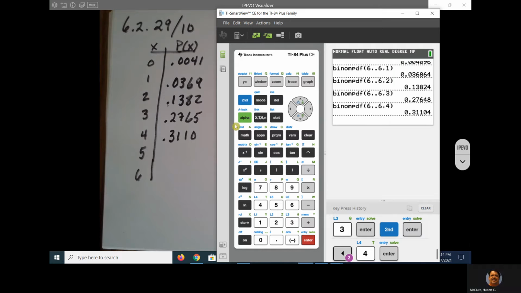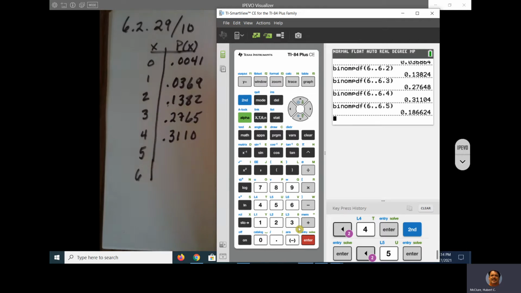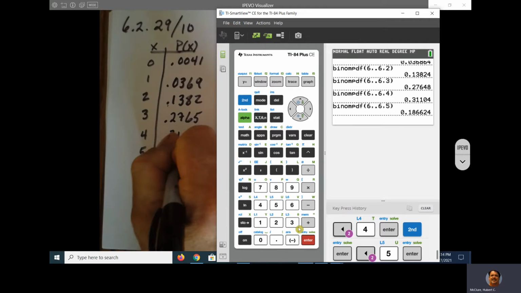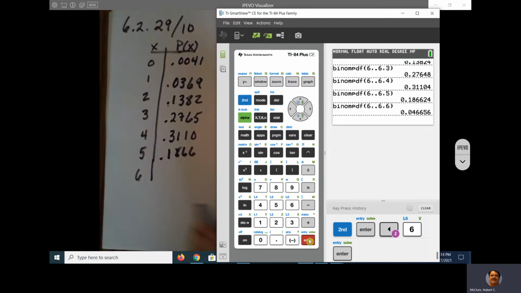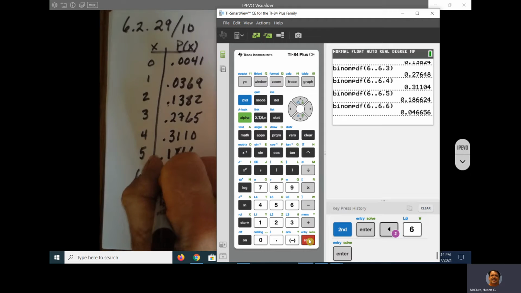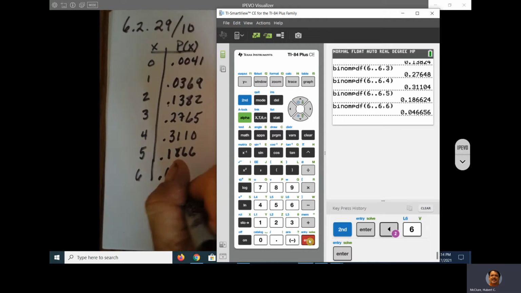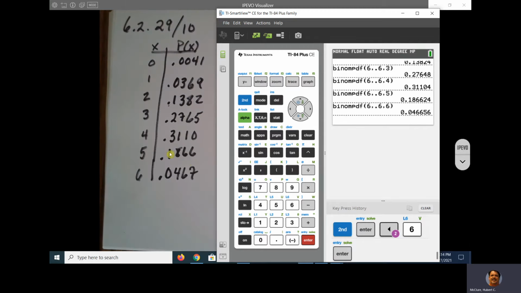Second entry, change that to a 5. 0.1866. And the last one, change that to a 6. And you have just completed your probability distribution: 0.0467.